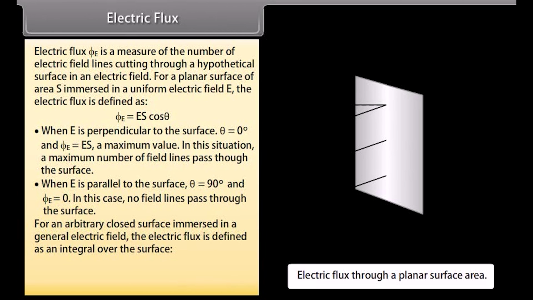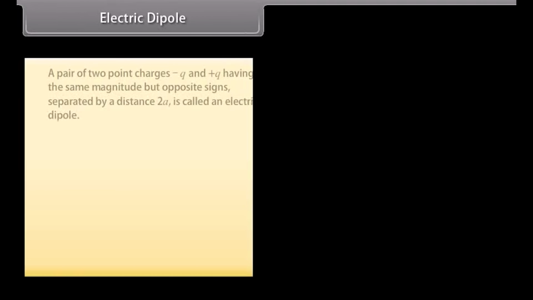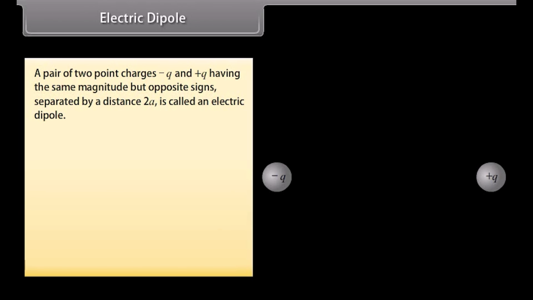For an arbitrary closed surface immersed in a general electric field, the electric flux is defined as an integral over the surface of E cos theta. The SI unit of electric flux is Newton meter square per Coulomb. Electric dipole. A pair of two point charges, minus q and plus q, having the same magnitude but opposite signs, separated by a distance 2a, is called an electric dipole.